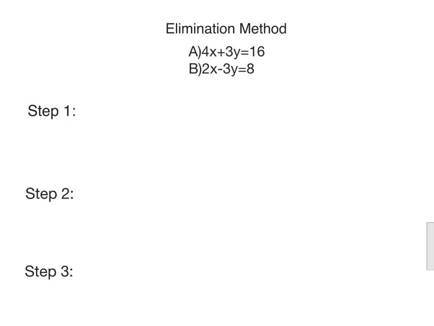Okay, the elimination method. So this first step in solving by elimination is to add the two equations together. Add the two equations together.